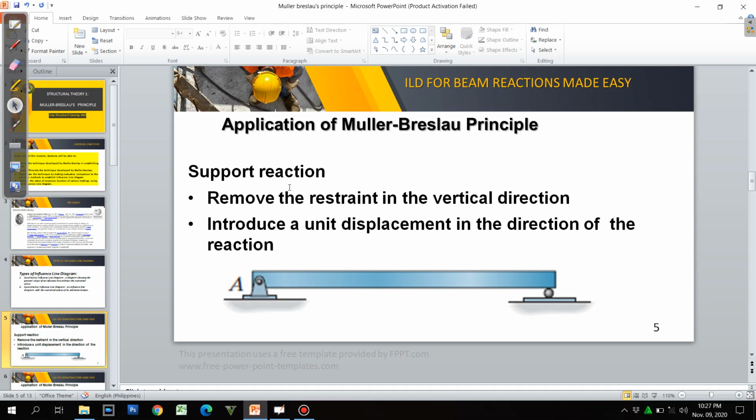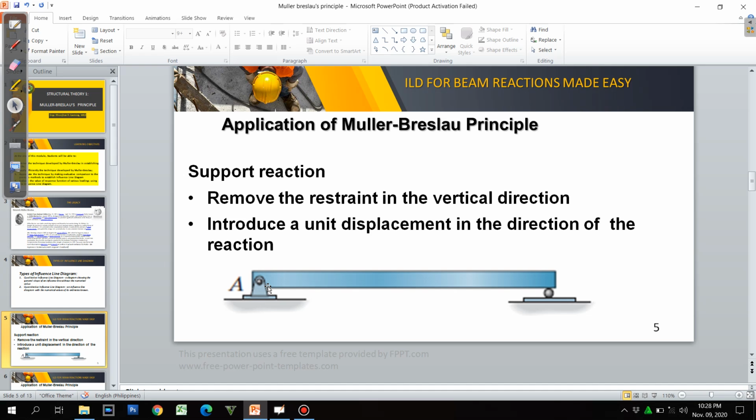So for support reaction, the procedure is that we just remove the restraint in the vertical direction. Introduce a unit displacement in the direction of reaction. Say we have here a simply supported beam.